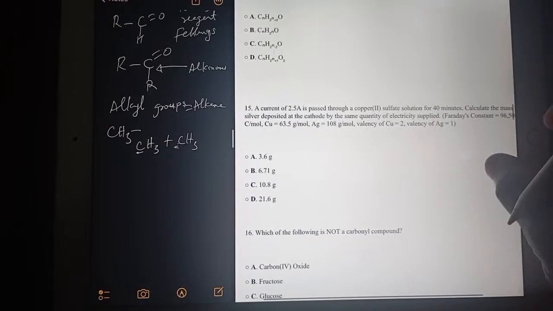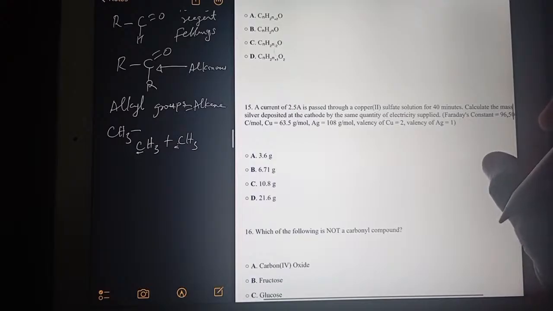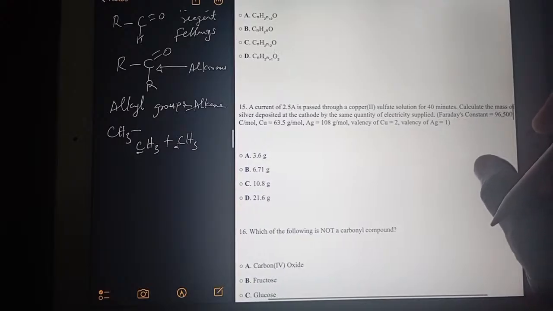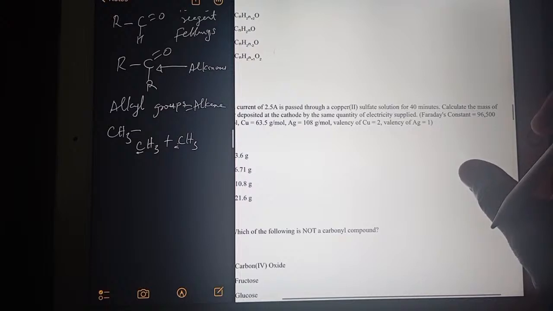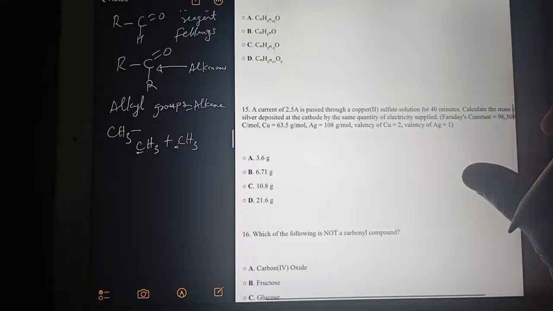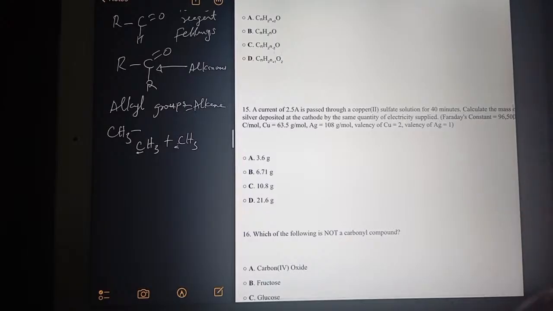Calculate the mass of silver deposited at the cathode by the same quantity of electricity supplied. They give us that the Faraday constant is 96,500 coulomb per mole, then the molar mass of copper is 65 gram per mole. Everything we need is given here.